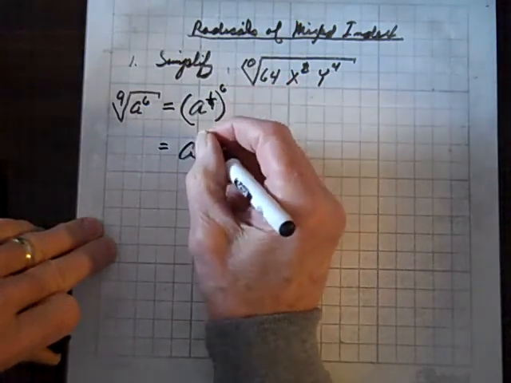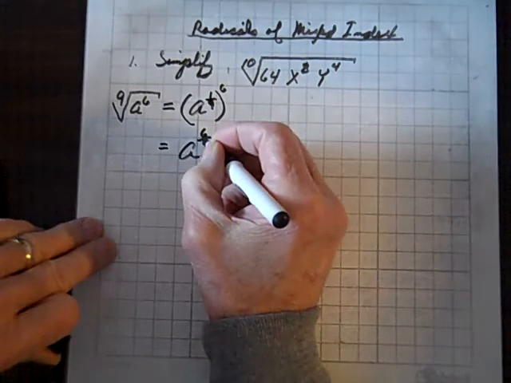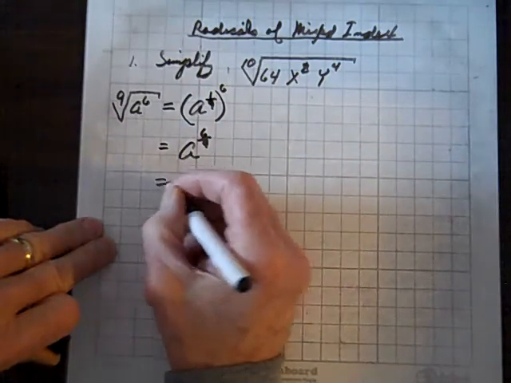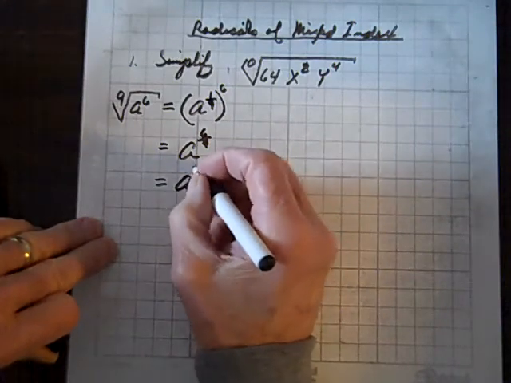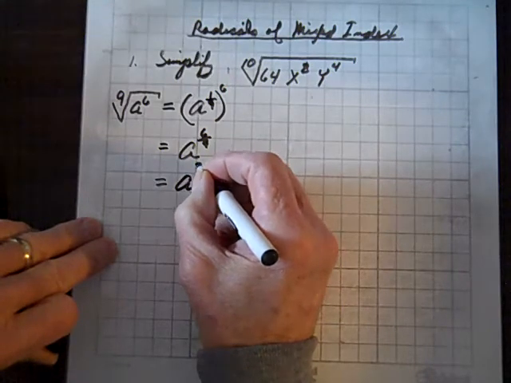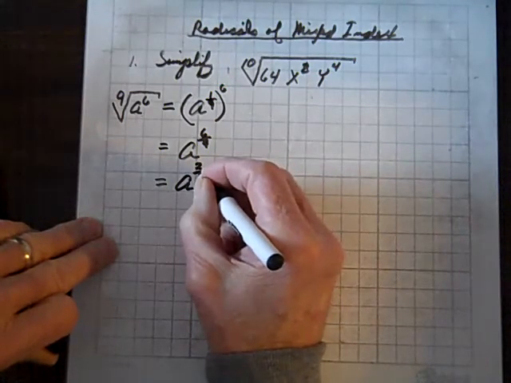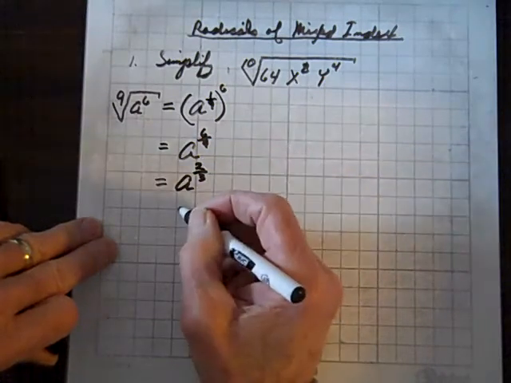when we multiply these two exponents together, we get 6 over 9. Now, 6 over 9 reduces, since 6 and 9 are both divisible by 3. That reduces to 2/3, because 3 goes into 6 twice and into 9 3 times.